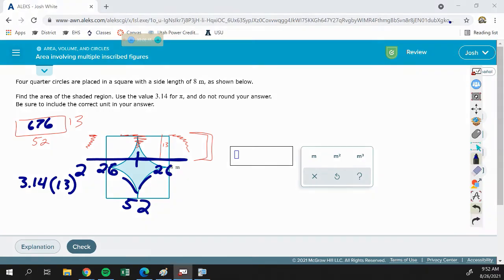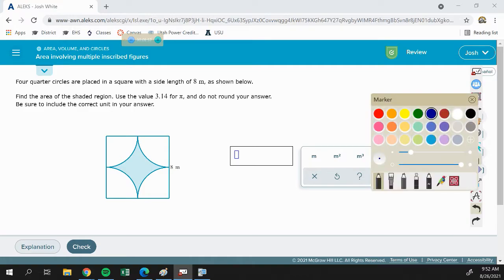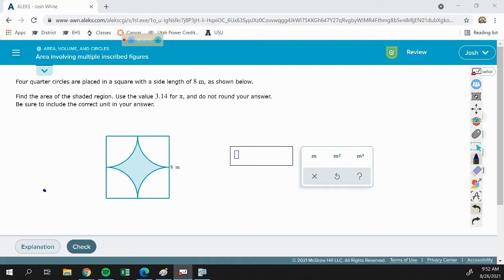All right, so look at this one. How would we figure this out? Well, if this is 8, how big is that? It's also 8, because how do you know it's a square?